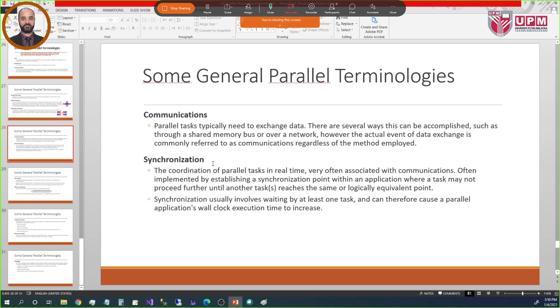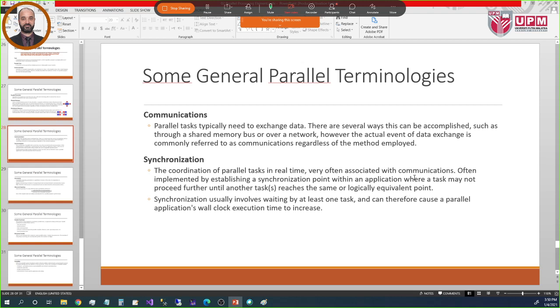Synchronization actually is very important. Synchronization is a kind of coordination of parallel tasks in real time, very often associated with communications. So synchronization without communication cannot happen.